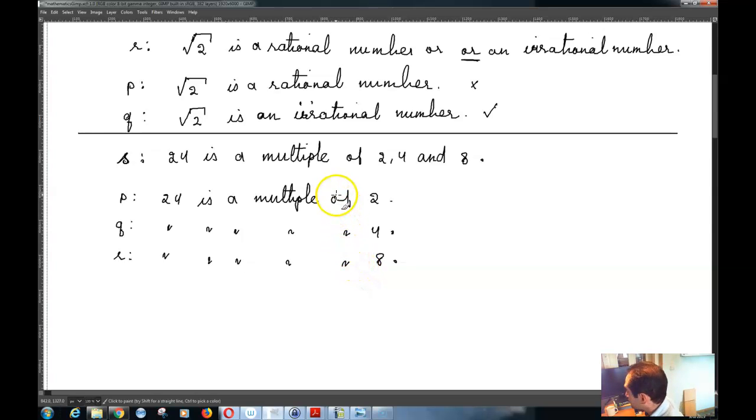So this is true, and this is true, and they are all connected with the word and.